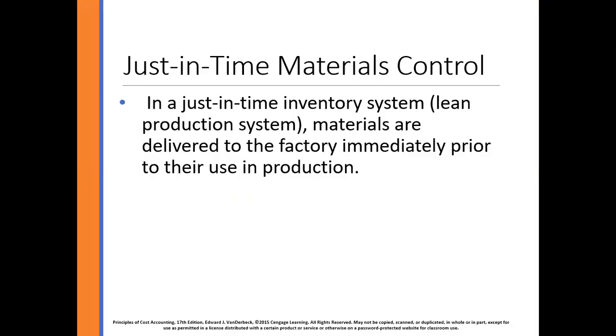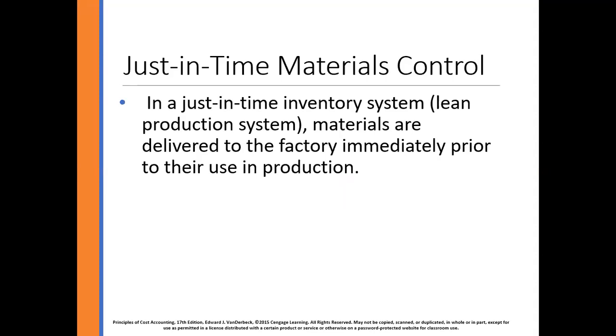All right, so just-in-time manufacturing, or the just-in-time inventory system, also known as the lean manufacturing or lean production system. Basically in this type of system, companies do not keep a large amount of materials on hand.